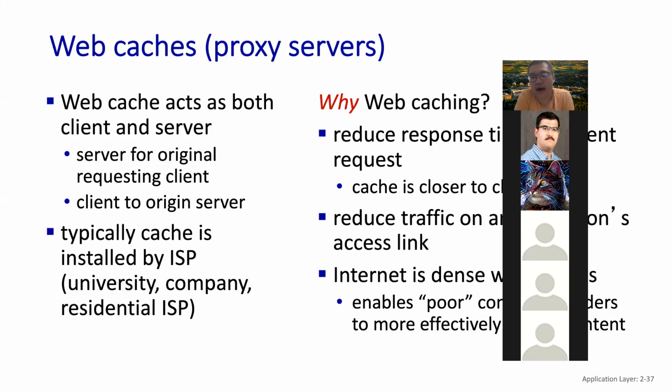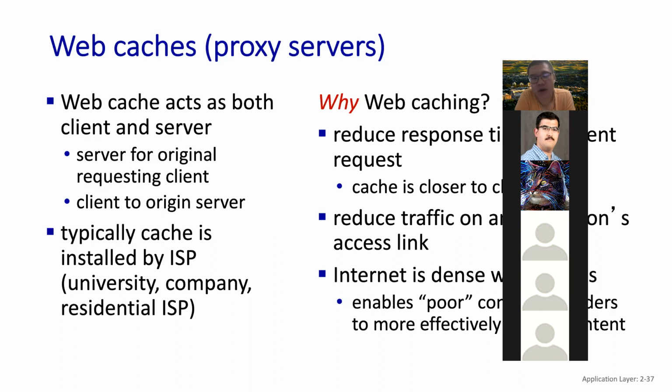Some local ISP or Google could provide a cache system in the region, right? So you don't go to the original server every time. The cache system could work as an intermediate server for you, and then it will give you better performance. So we will do a simple calculation to see how we can improve the performance using the cache system, okay?